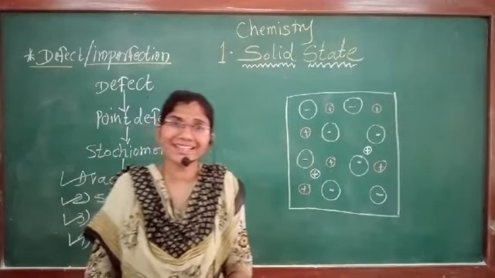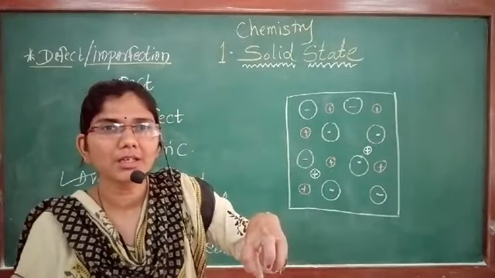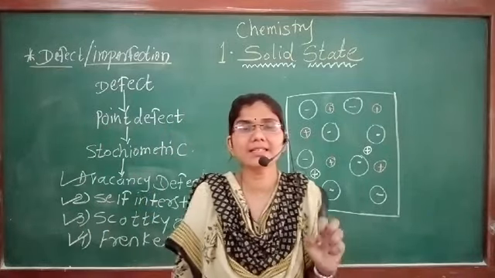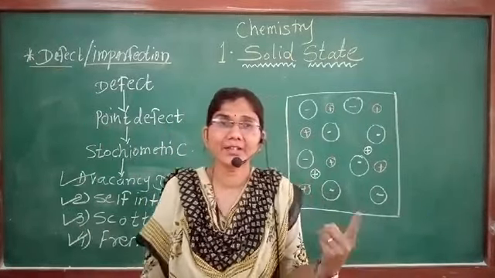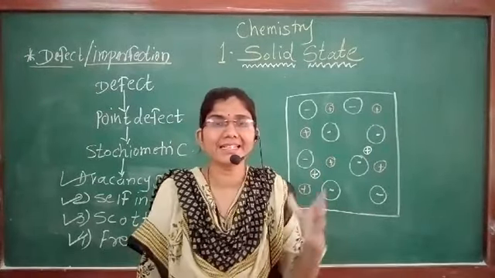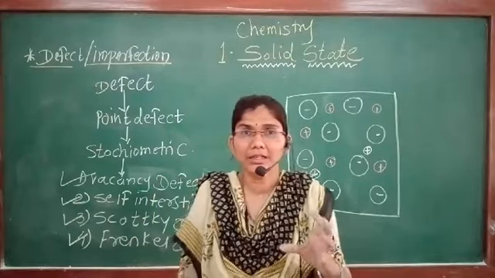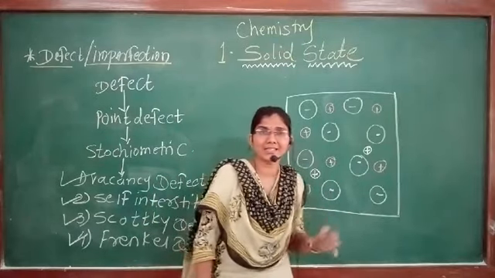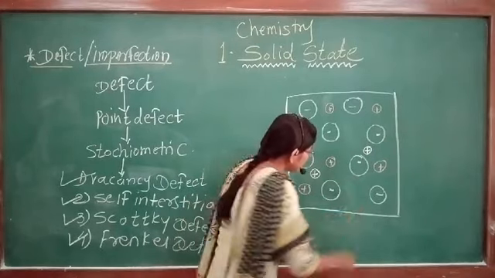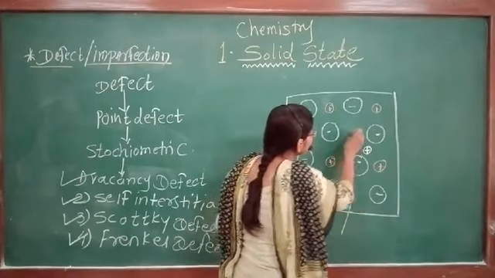And why do only the cations lose their position out of cation and anion? Because the cations are smaller in size than the anions, and therefore the fitting of cations into the interstitial site is easy, and therefore here the vacancy is produced.